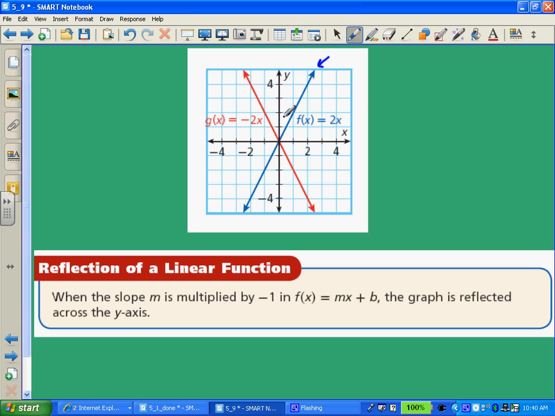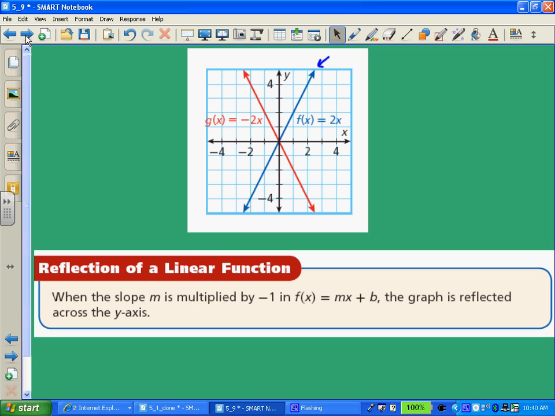Here's the reflection, g of x equals negative 2x. So what's the difference here? Well, my slope got multiplied by negative 1. See that? 2 to negative 2. So when my slope is multiplied by negative 1, that's a reflection across the y-axis.